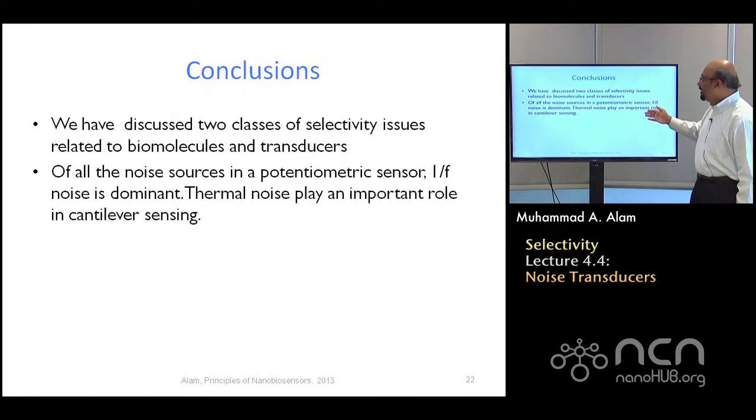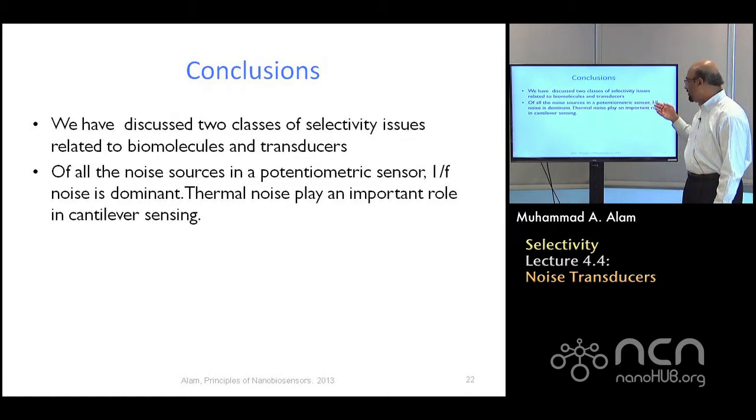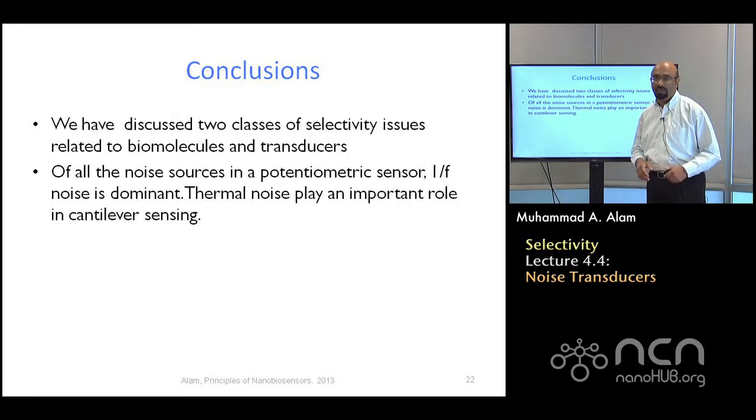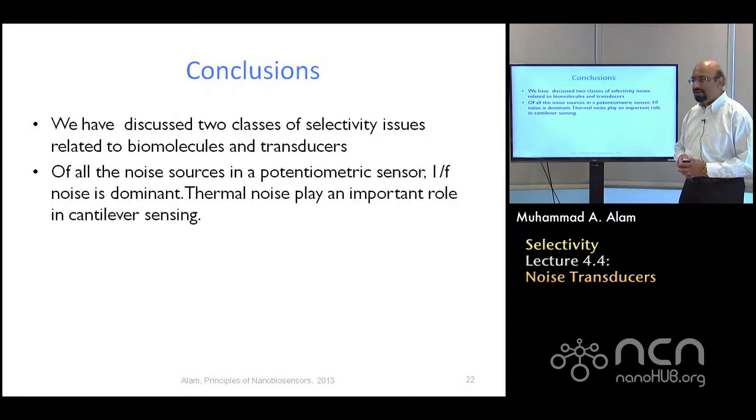Now, of all the noise sources, if you do a proper calculation, it turns out the 1 over f or the pink noise is dominant for potentiometric sensors. Something has to be done. You can ignore all the electrolyte noise as well as other noise sources, but 1 over f noise is something that cannot be ignored. And so therefore, understanding the noise sources is very important.